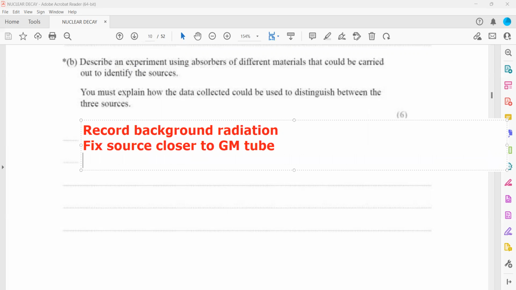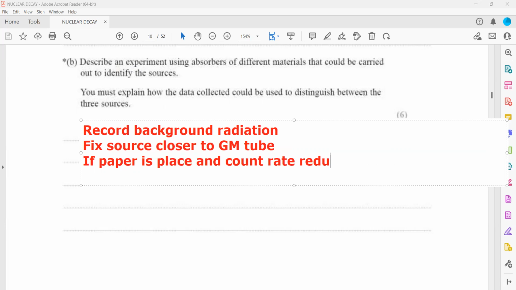After that, if we place a paper, or even aluminium, and the count rate reduces to the background, I'm writing BG, it means that it is americium.